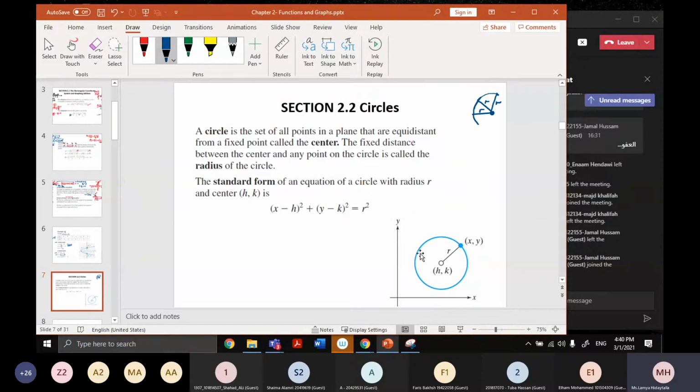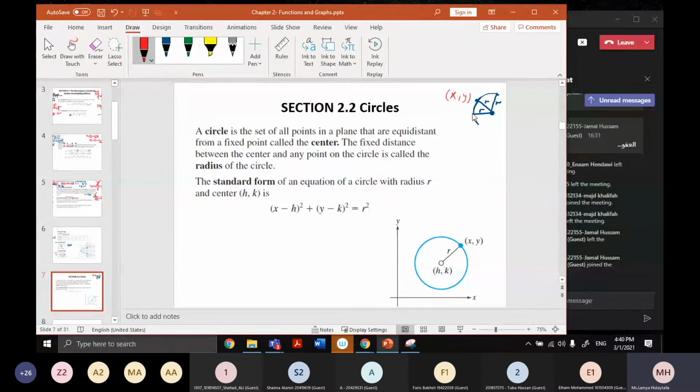Right. Now, if we have any circle like this, what is the equation for this circle? From the definition, what do we say? We said that if we fix any arbitrary point here, let's call it x, y. So we have any arbitrary point x, y.